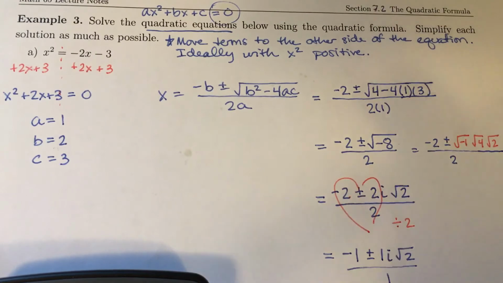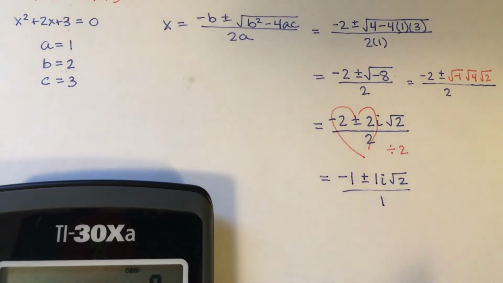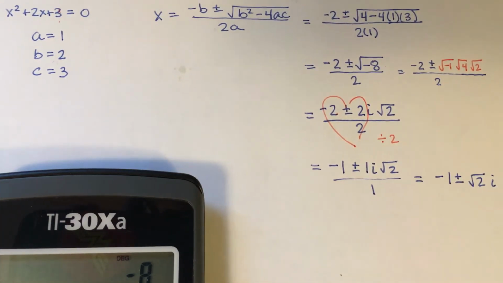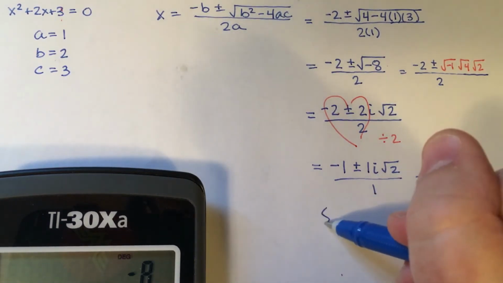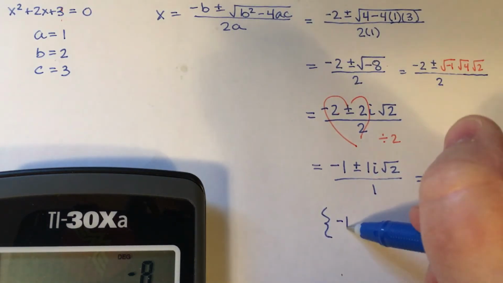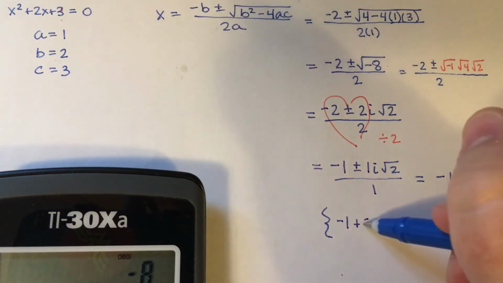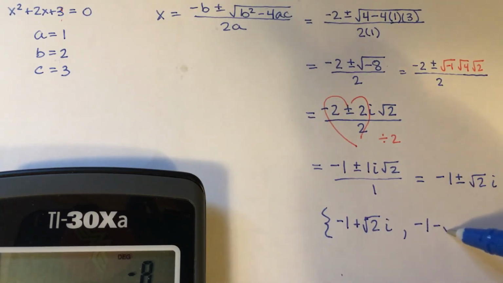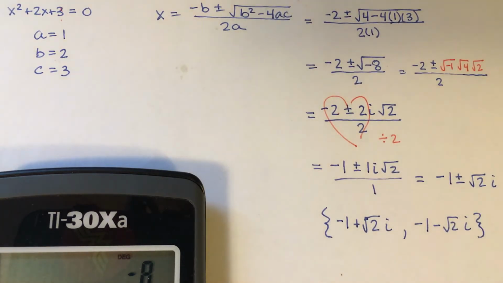And really, because they all end up with ones, the simplest form of this is just negative 1 plus or minus the square root of 2 times i. So my two solutions are negative 1 plus square root of 2 times i and negative 1 minus the square root of 2 times i. So in this problem, there are no real solutions.